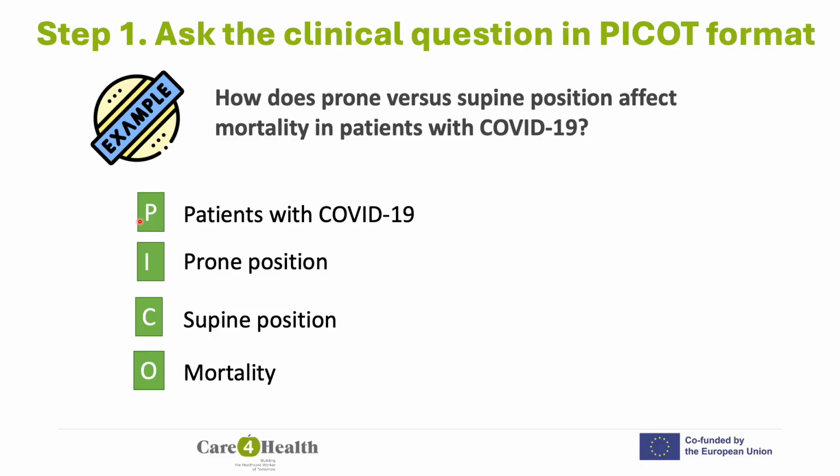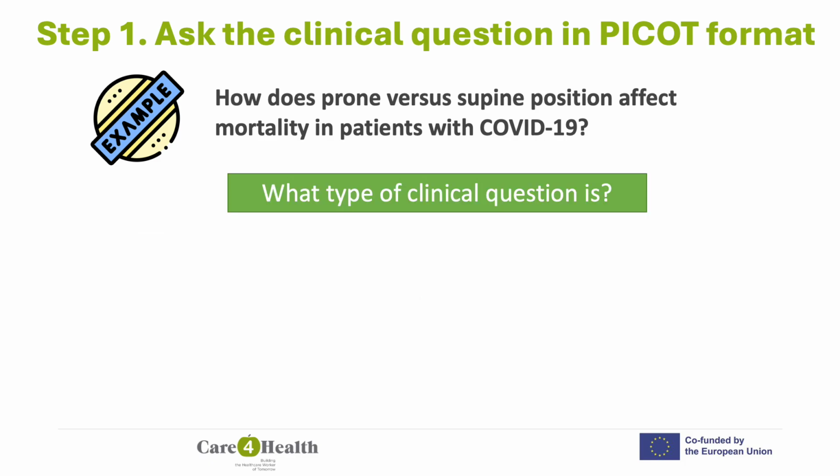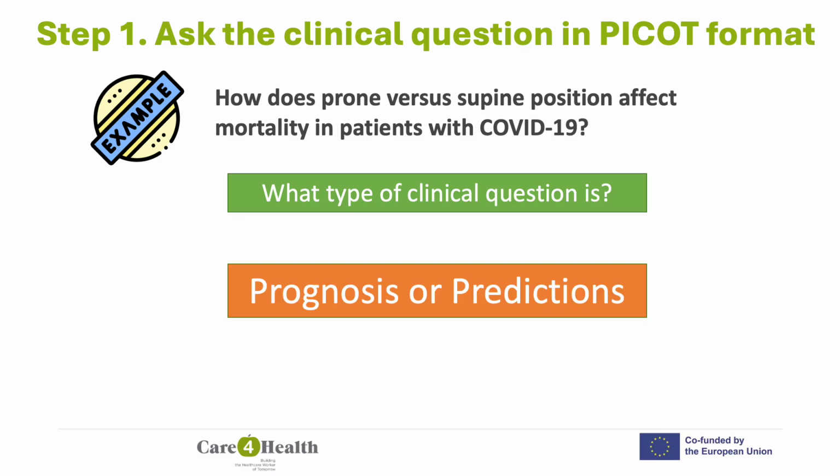So we have here the 4 elements of the PICOT question. Now we could seek research about this question more clearly and facilitate our research in this case. Finally, consider what type of clinical question this is. Okay, this is a prognosis or predictions.